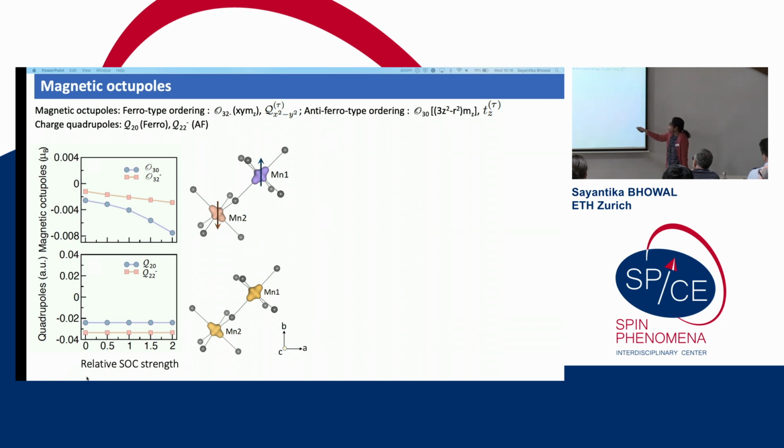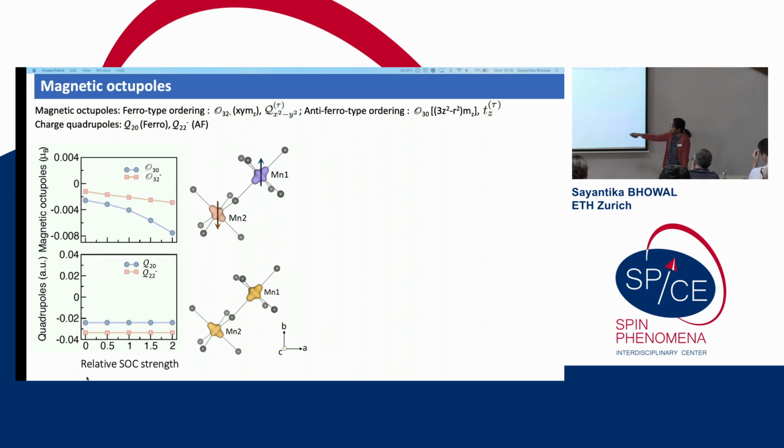So this O32 minus and O30 belong to the totally symmetric part of this octupole tensor, whereas this magnetic toroidal quadrupole moment and this moment of toroidal moment, they belong to the non-symmetric part of the entire octupole tensor. Just to point out, these indices represent the L and M indices of spherical harmonics that are used to build up these particular octupole components.